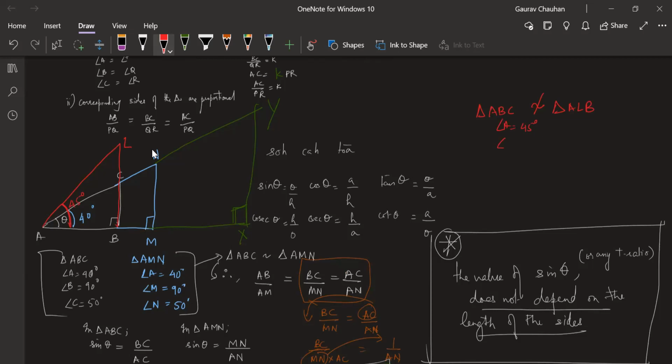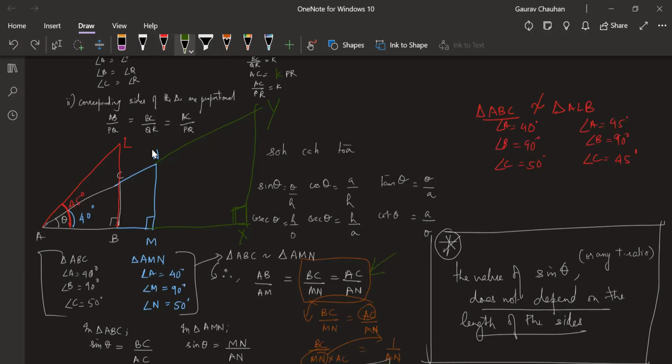In the first one, angle A is equal to 40, I'm talking about triangle ABC, angle B is equal to 90, angle C is equal to 50. But in the second one, angle A is equal to 45, this is the red one, angle B is equal to 90 still, but angle C also becomes 45. So as the corresponding angles are not the same, these ratios won't be the same. These ratios, like we saw in AMN and ABC, they won't be the same.